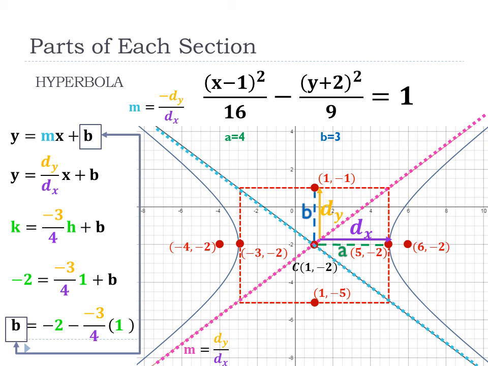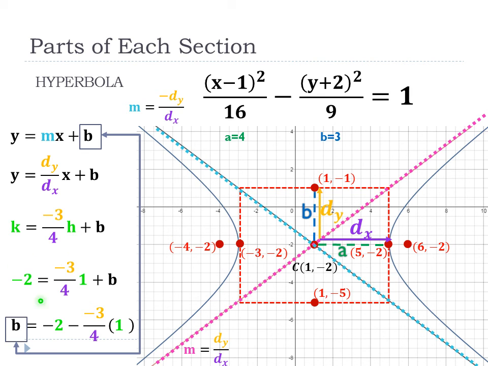So minus 3/4, if I substitute it here in my equation, I have y equals minus 3/4 x plus b, but I don't know b. I do have, nevertheless, a point, a y and x, that goes along this asymptote, and I know the coordinates for the center, where the y coordinate is k and the x coordinate is h.